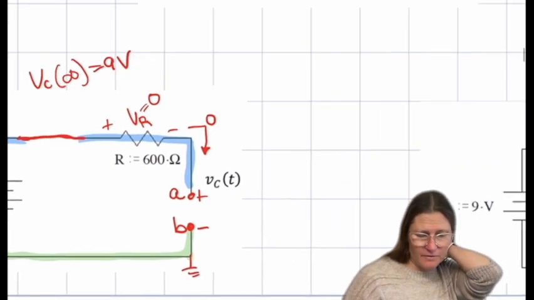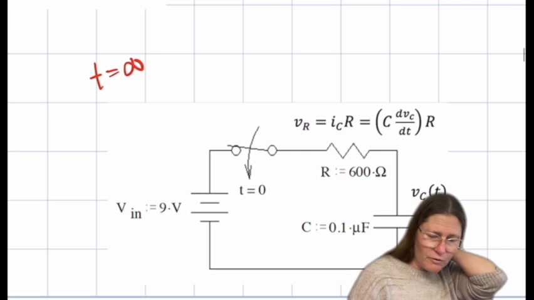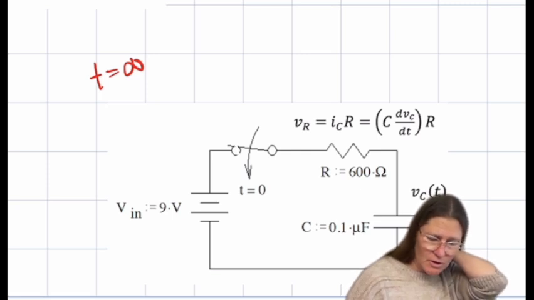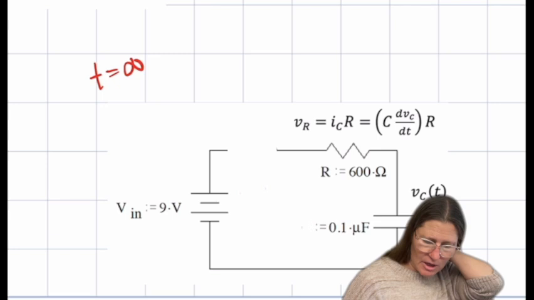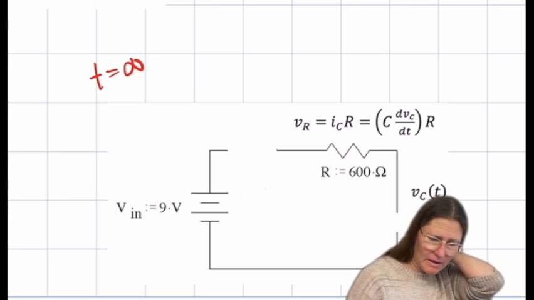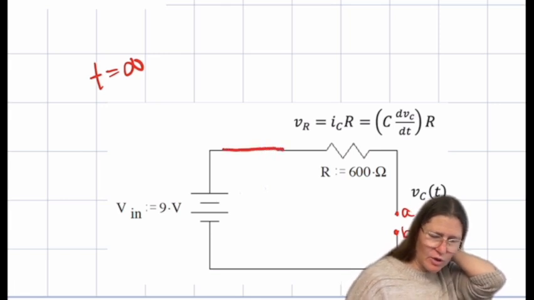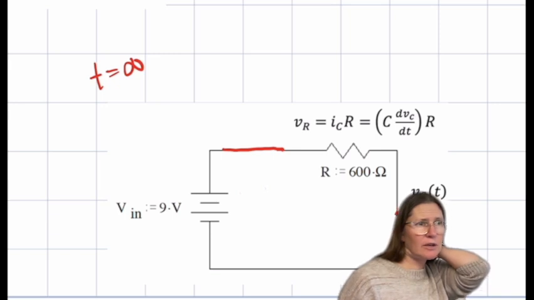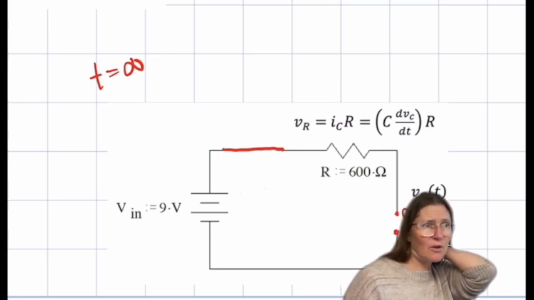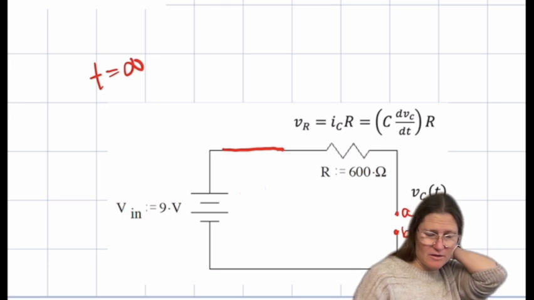And then the other step for VC at infinity is to find tau. So for tau, the switch is in the final position, which is closed. And here you remove this and put A on one side to B. And then what do you do with the voltage source when you're finding the Thevenin equivalent resistance?